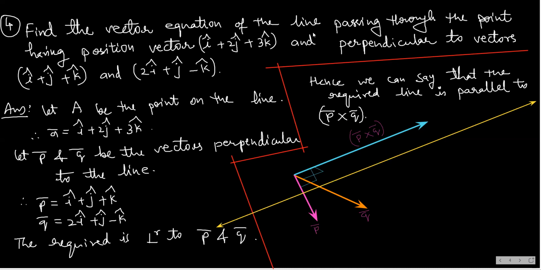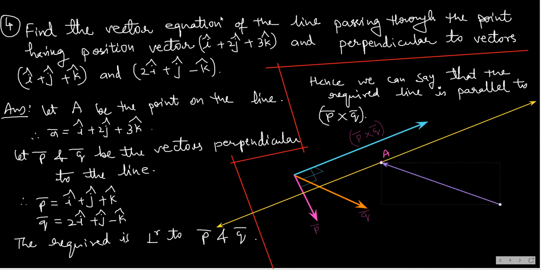Now what I will do, I will have one point on the line. That point on the line is point A. And the parallel vector, see, P bar cross Q bar is the parallel vector. I am given the position vector of the point. This is origin.